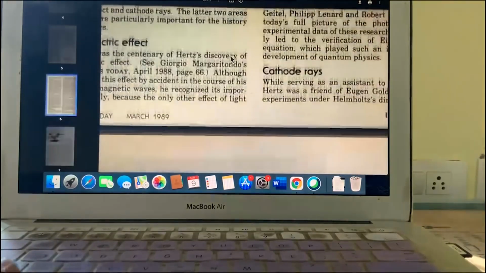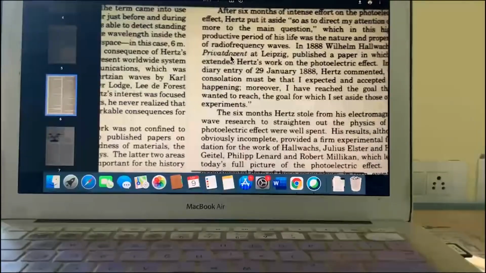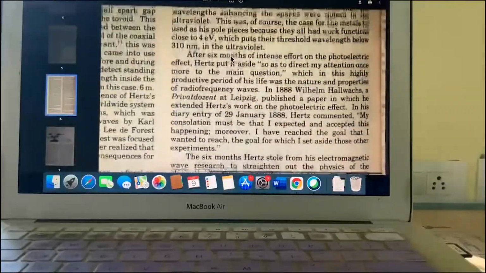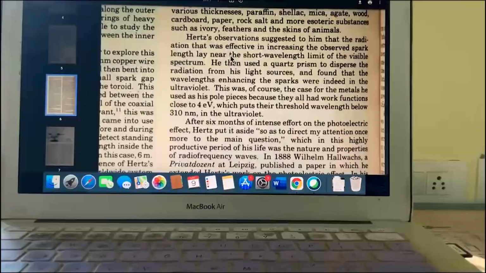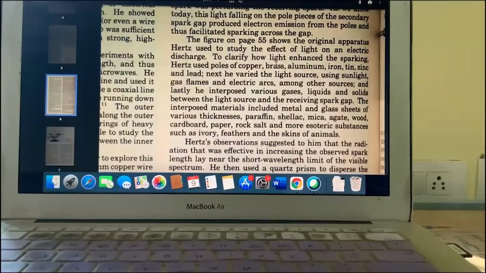Alright, so the description of this is somewhere here. Yes. So it says that to clarify how light enhanced the sparking, Hertz used poles of copper, brass, aluminium, iron, tin, zinc and lead.